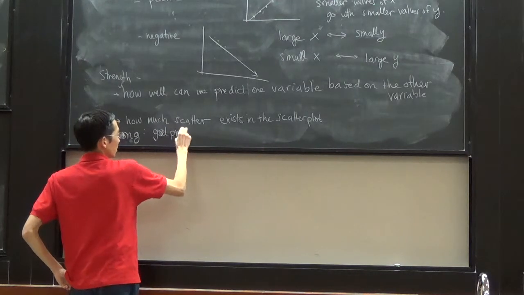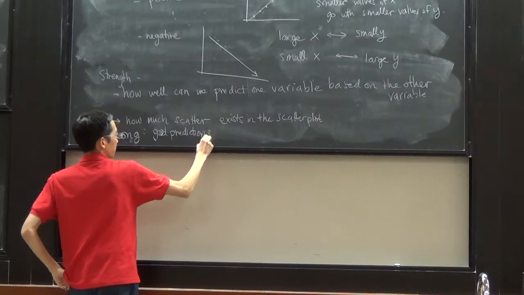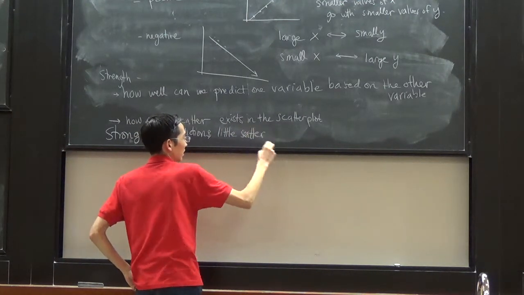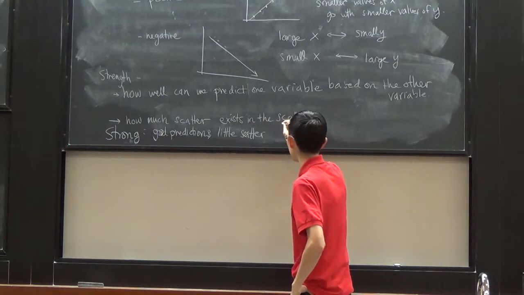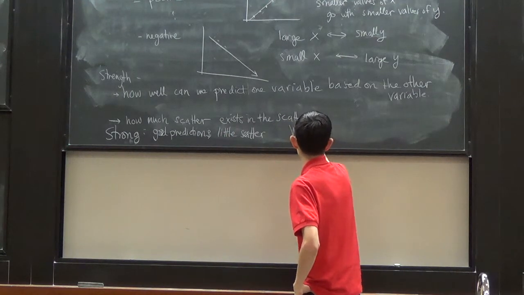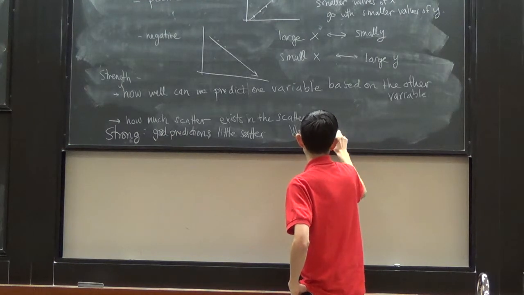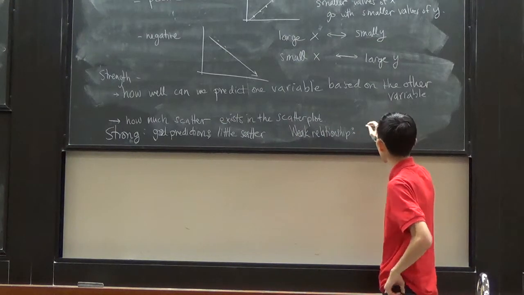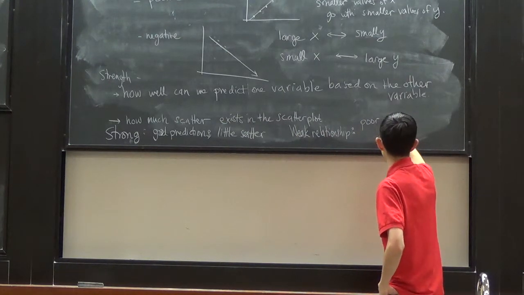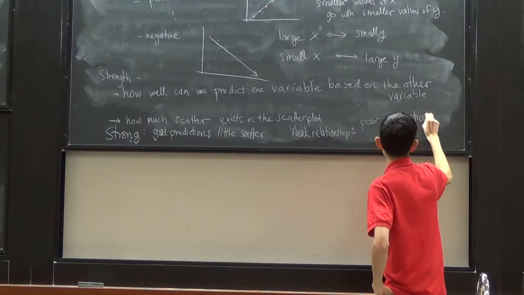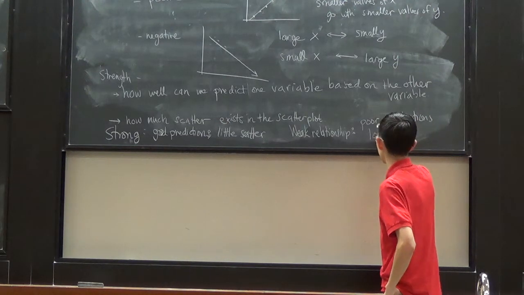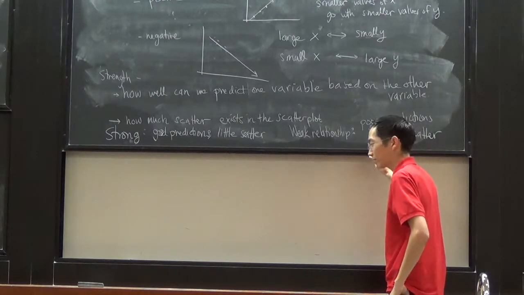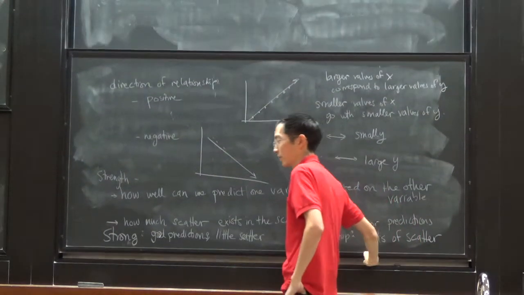Weak relationship, basically, poor predictions and lots of scatter. More scatter.